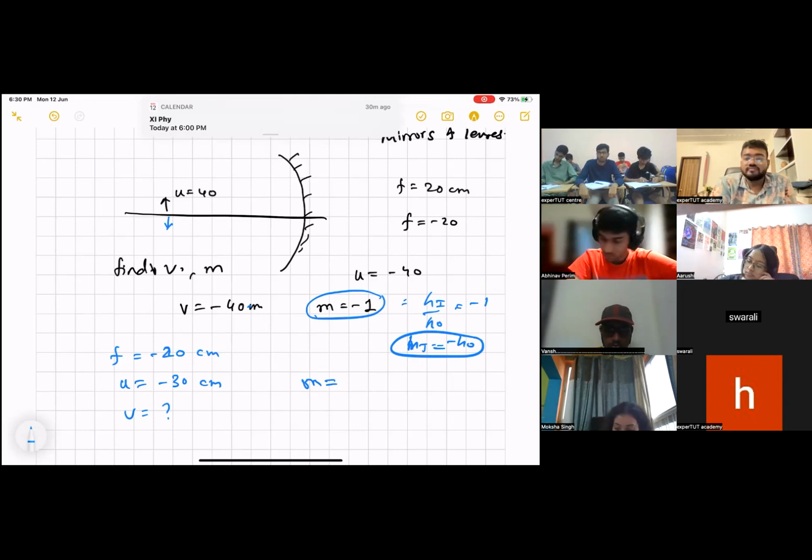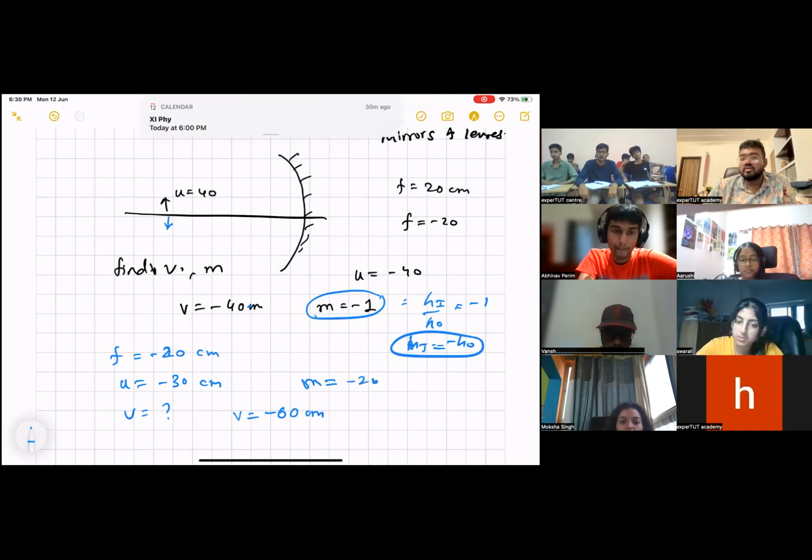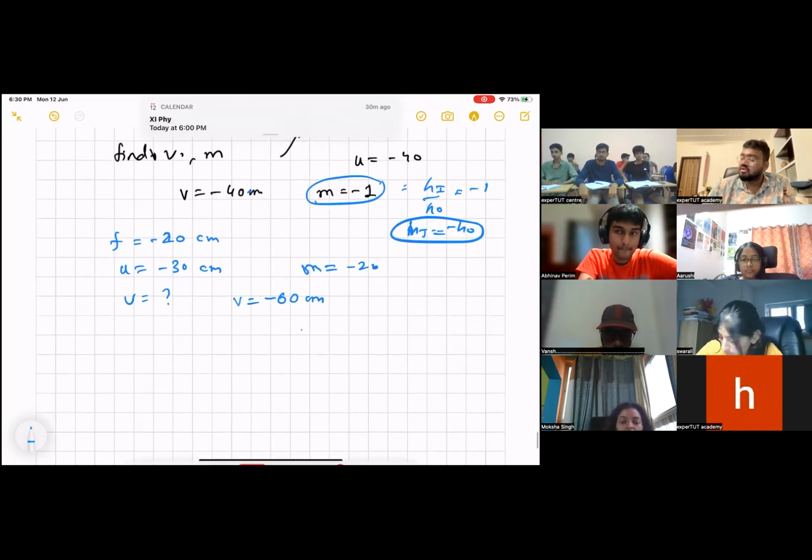Guys, done with it? How much is v coming? -60. And m is equal to -2. Therefore, the diagram will look something like this.